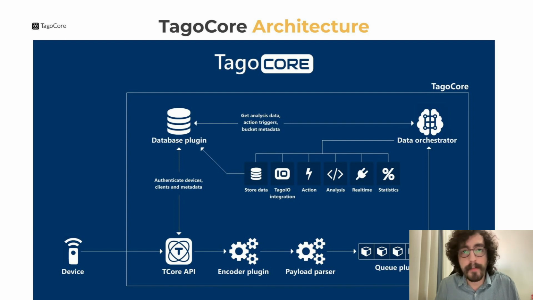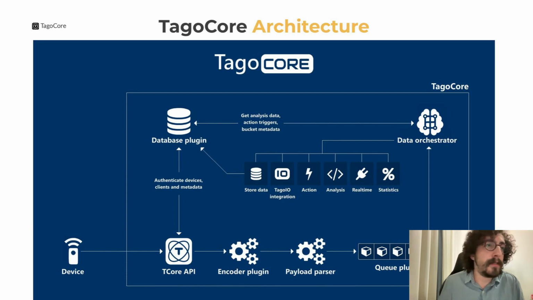And then for the second part of my presentation, I will be making a quick showcase of a use case where you can run three different instances of TagoCore and manage a queue plugin to receive the data and manage a ton of requests per second. So make sure to stick around for the last part if you're already familiar with the basics of TagoCore. I'm going to be talking about the architecture now.